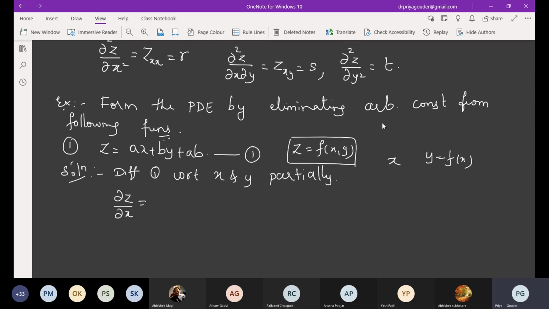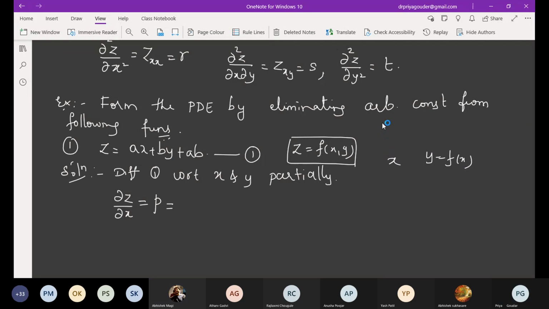Hope clear? Now, dou z by dou x is denoted as what? Short way is p. Okay, use the notation p. Now, tell me the derivative of this RHS part with respect to x. What is derivative of AX with respect to x?